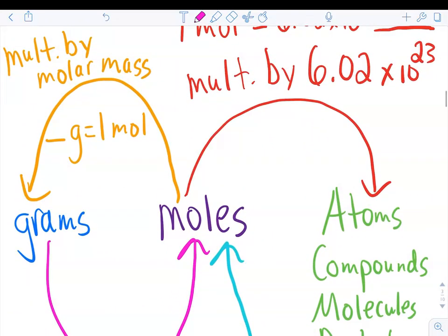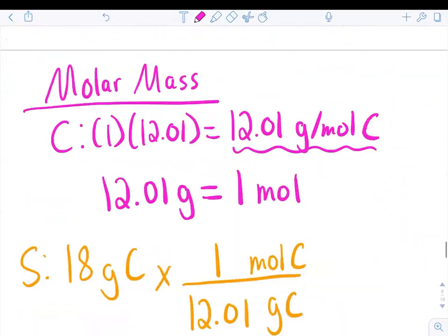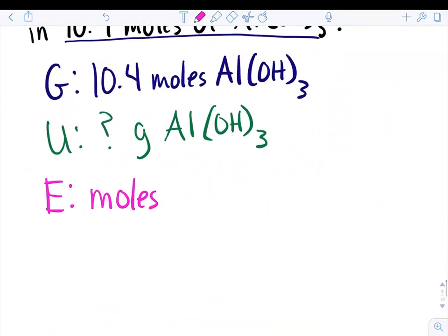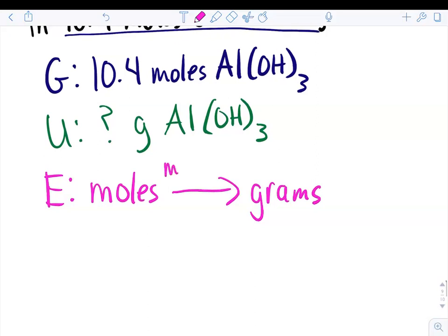So if I follow my orange arrow, if I start with moles and go to grams, I'm going to be multiplying by molar mass. So from moles to grams, we're going to multiply by molar mass. And again, I'm putting it on the top so that I know in my fraction that the molar mass, that gram part, is going to go on the top.